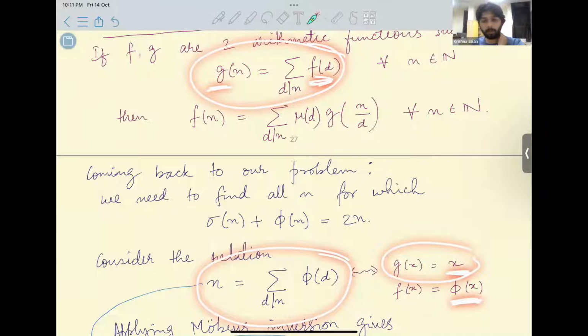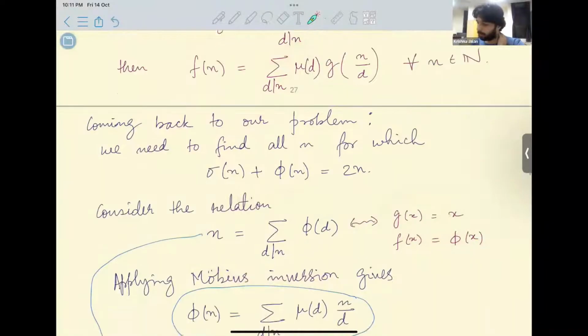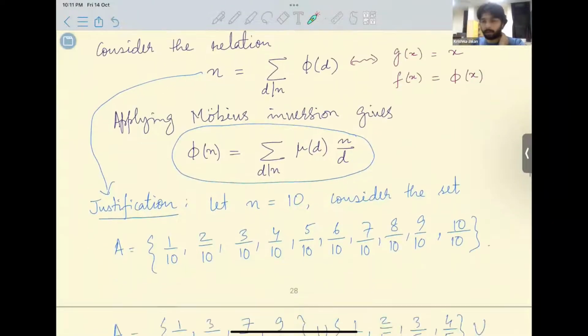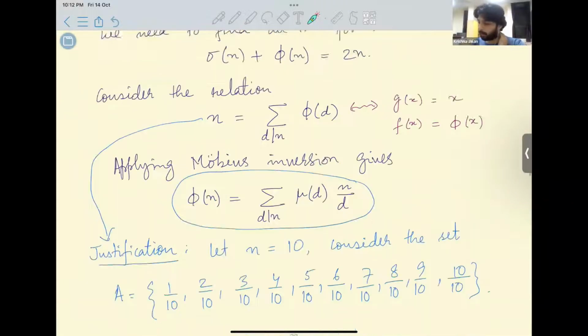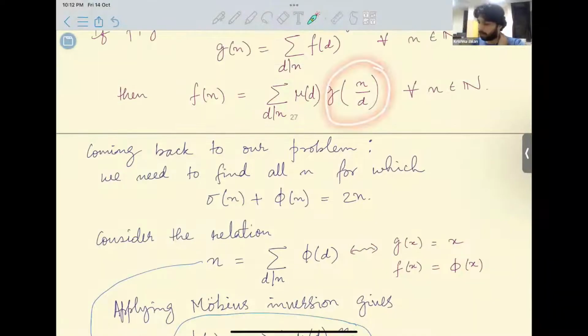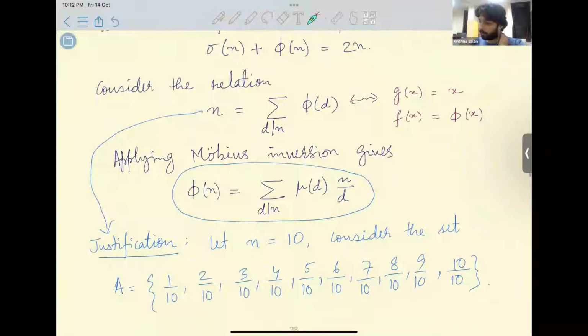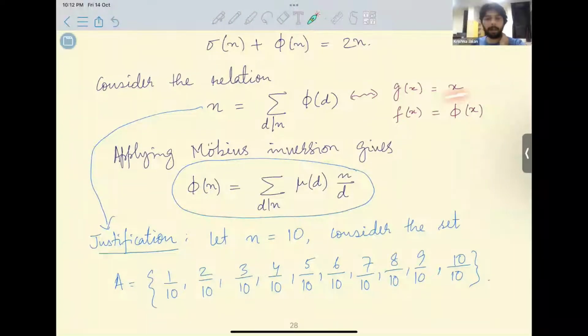So is it okay? Just comparing the two things. What is the Mobius inversion? I should be able to write phi in terms of n. So that is what I've written. Phi of n is equal to the Mobius inversion of n by d. So this is what we had, right? G of n by d. So wherever I see x, I'll put n by d.